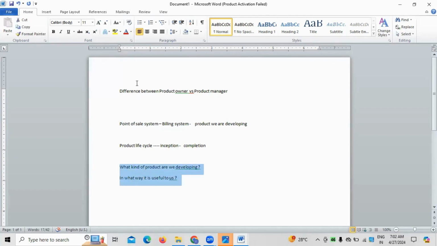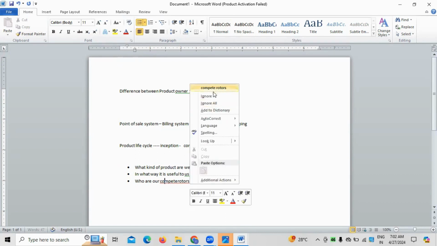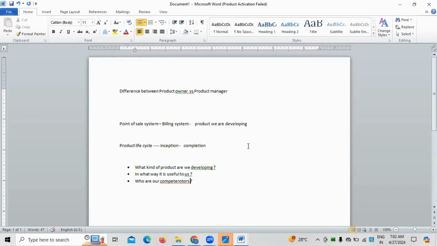If you are a product owner, these are the things. Second, who are our competitors? Because whenever we are developing a product, we'll have some competitors, right?